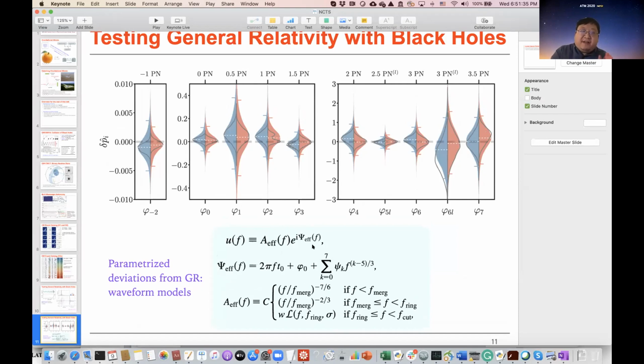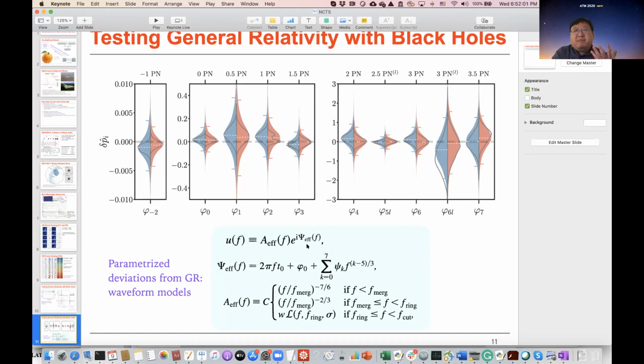And then we write down the waveform as an expansion in terms of f to some integer over 3. This power law expansion corresponds to a 1 over r expansion or v over c expansion in the perturbative regime. So we have these coefficients which are supposed to come from numerical simulations and theoretical modeling.